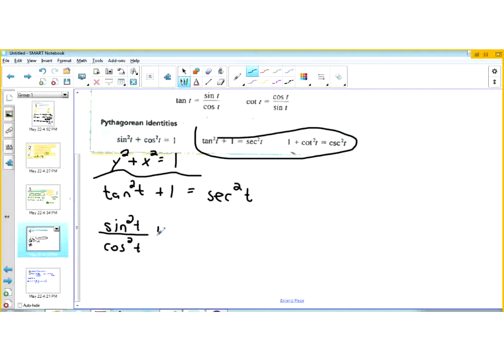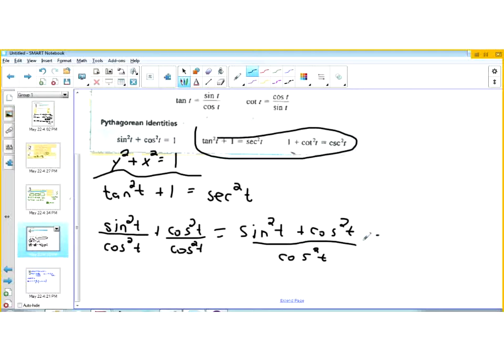And we have to add 1 to this, so we replace 1 with cosine squared t divided by cosine squared t. This is 1, so that we can add the 2. And so this is equal to sine squared t plus cosine squared t, all divided by cosine squared t.